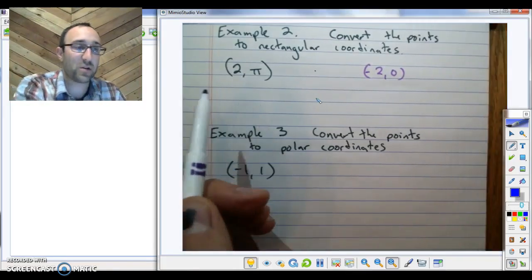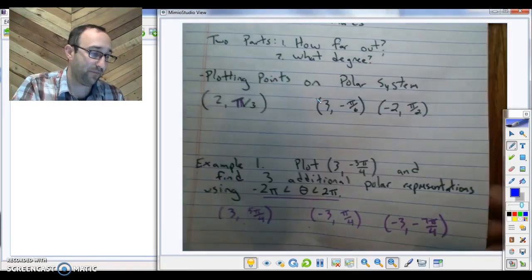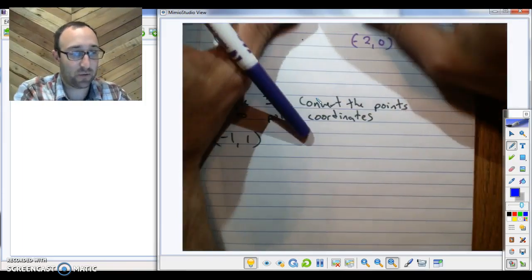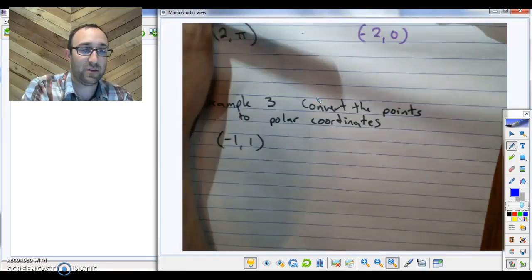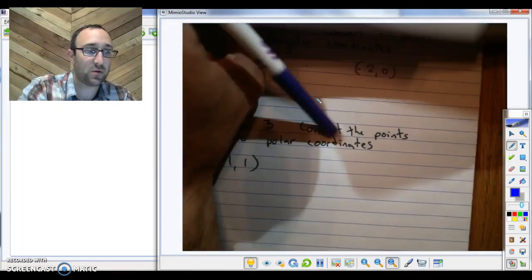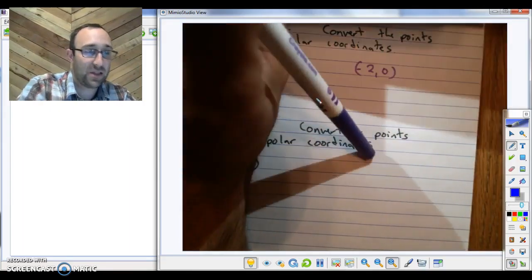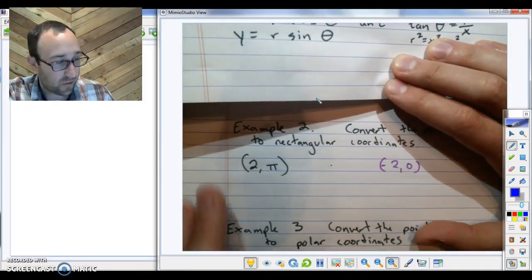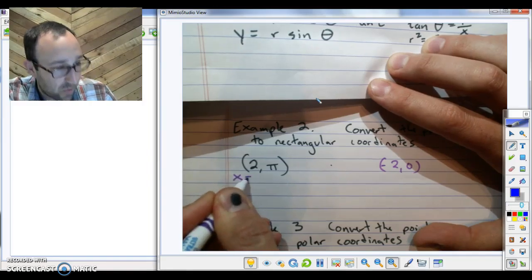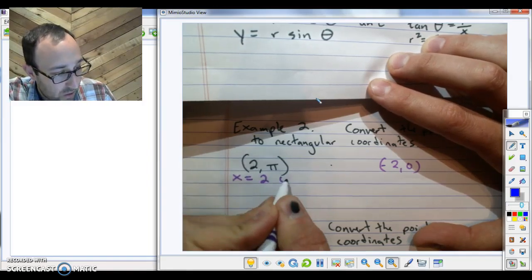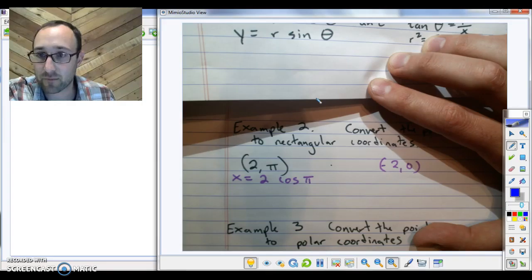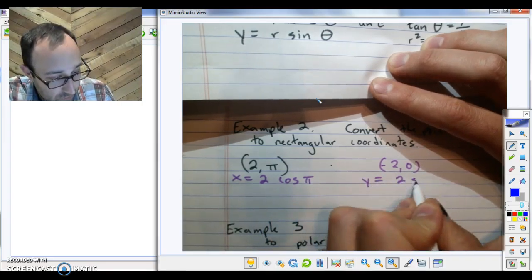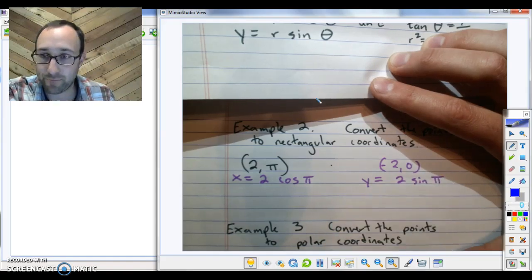Now let's actually use this to see if we can figure it out. Alright, so I know that x is going to equal r cosine theta. So x is going to equal, r is 2, cosine pi. Then y equals 2 sine pi.